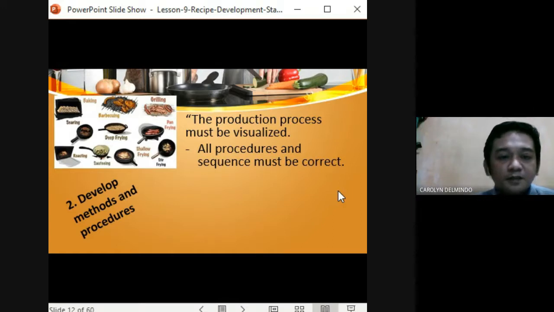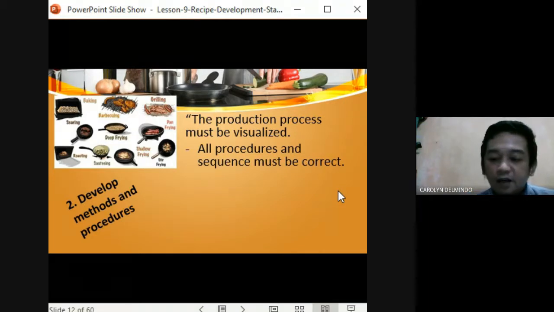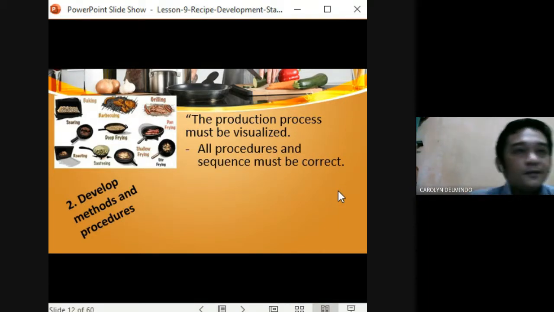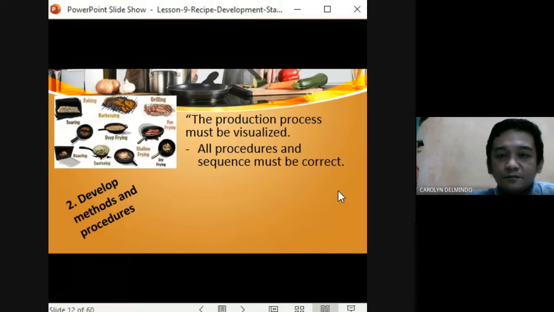So, in cooking, dapat all of the procedures are correct. Kapag nagkamali ka ng isa, mag-iiba na yung lasa ng food. Okay? Everyone here has experience of cooking, right? So, last sem or the previous semester, nagluto tayo, nag-bake tayo. Tama po ba?